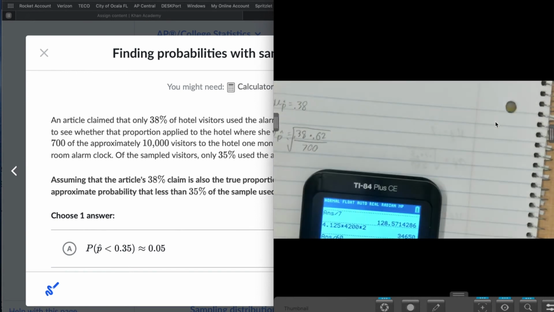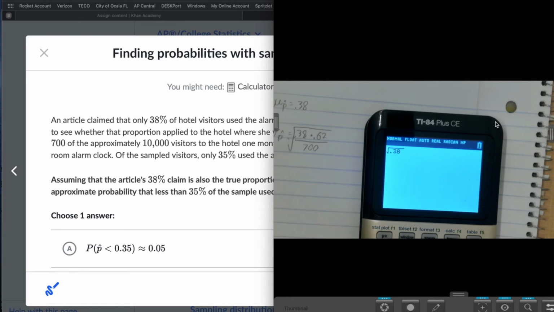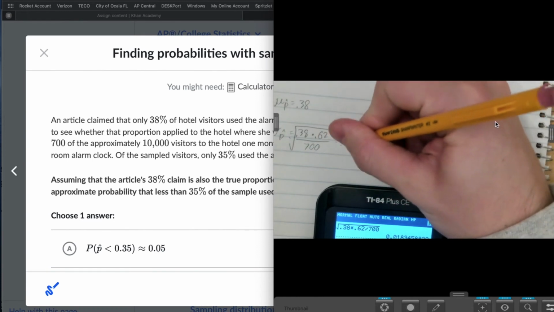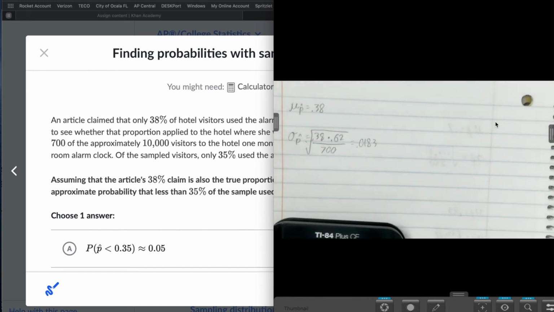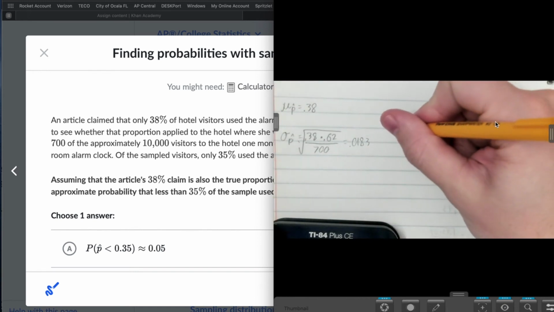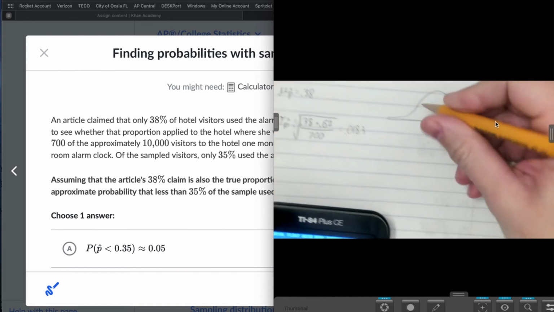Maybe let's calculate what our standard deviation actually is. It's very small. It's 0.0183. And remember that this is normally distributed, so one standard deviation away from either side should be about 68% of the data. 2 standard deviations is 95% of the data.